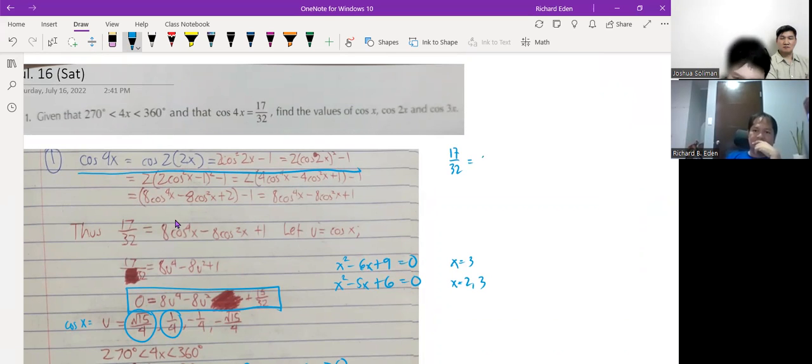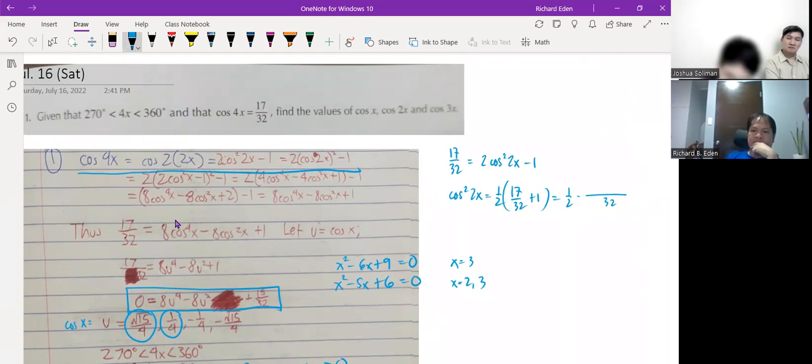This is 2 cosine squared 2x minus 1, which makes cosine squared 2x equal to 17 over 32 plus 1, then multiplied by 1/2. So that's going to give us 1/2 of 17 plus 32 is 49.